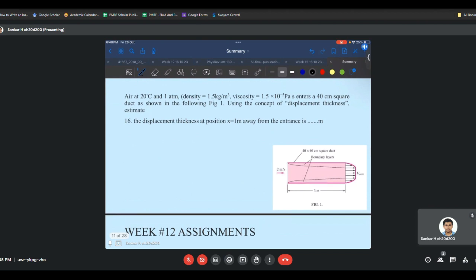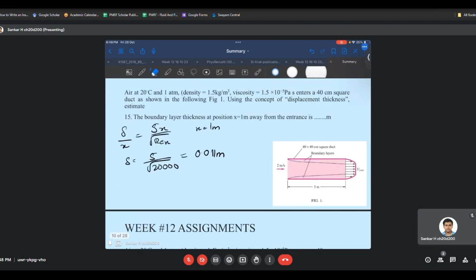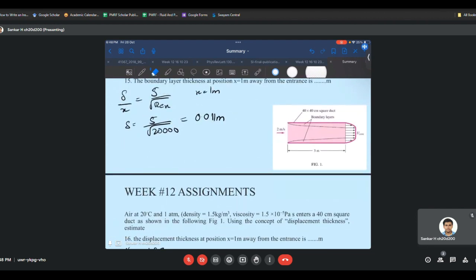Now we have to find the displacement thickness at a position 1 meter away from the entrance, which is given by delta star by x, which is 1.83 by square root of Rex. Okay, there is no x here.